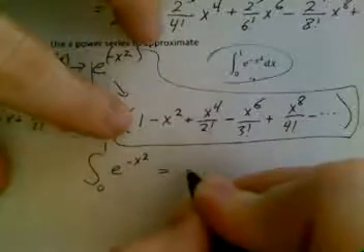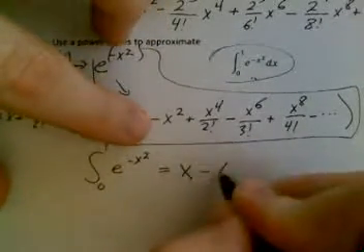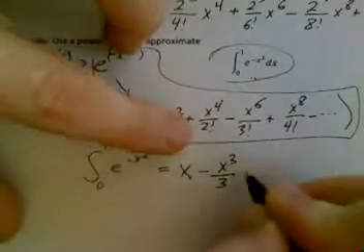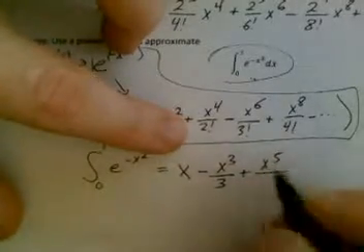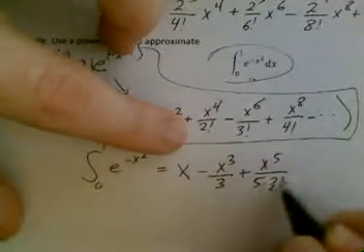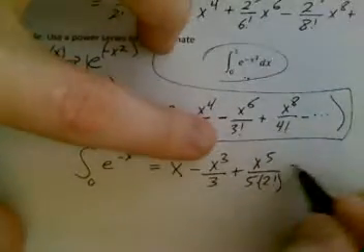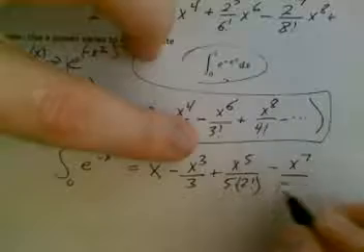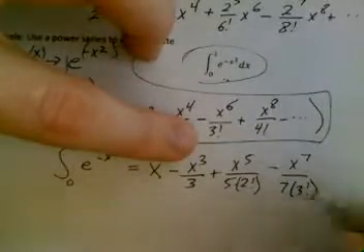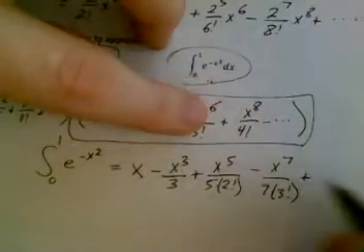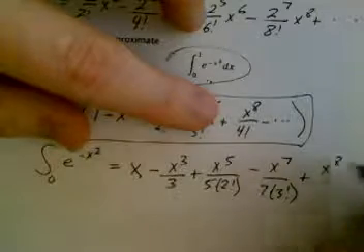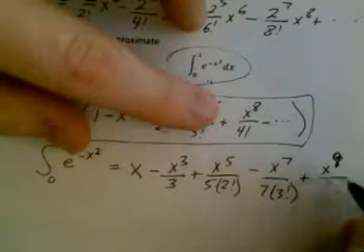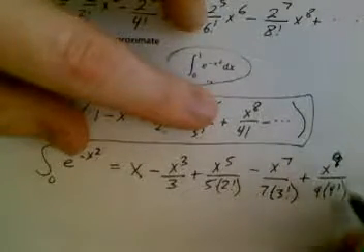So it's going to be equal to x minus x cubed divided by 3 plus x to the 5th divided by 5 times 2 factorial, minus x to the 7 divided by 7 times 3 factorial plus, and I'm going to go ahead and do this last one, x to the 9th divided by 9 times 4 factorial minus dot dot dot.